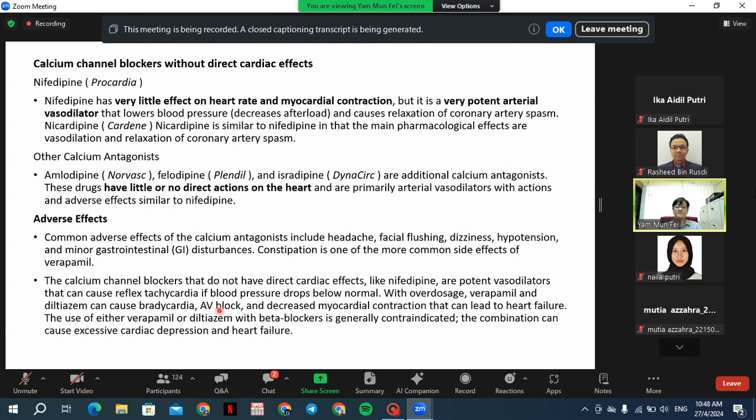Normally you are not advised to use verapamil combined with diltiazem because they share the same mechanism of action. You may worsen the condition, and sometimes you might also increase the side effects. So try to avoid using drugs with the same mechanism of action together.